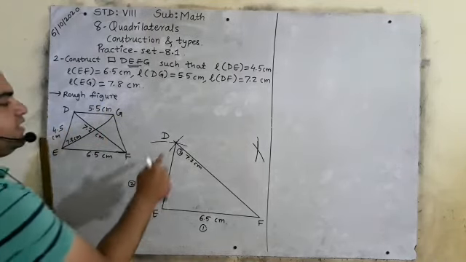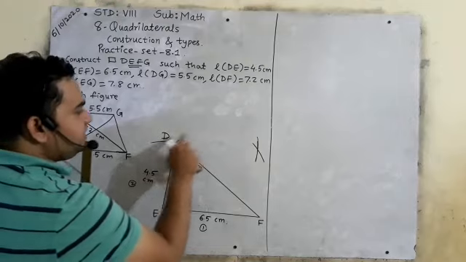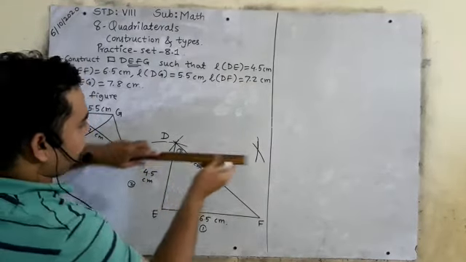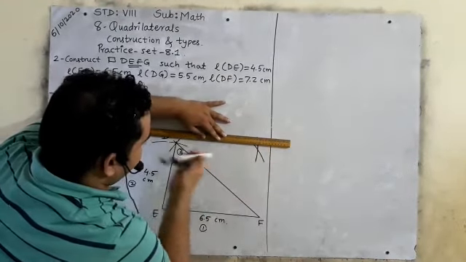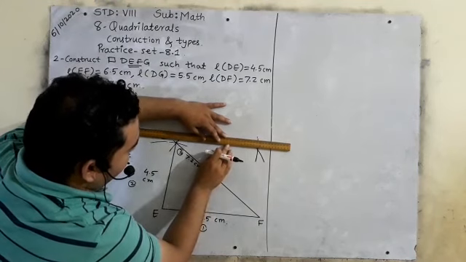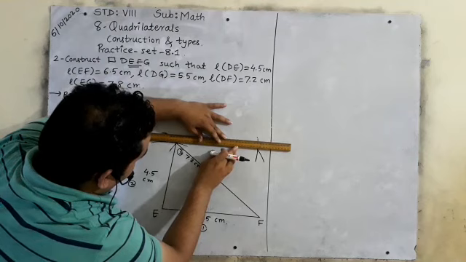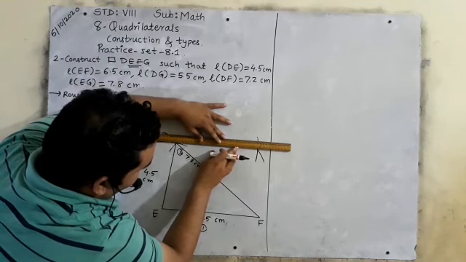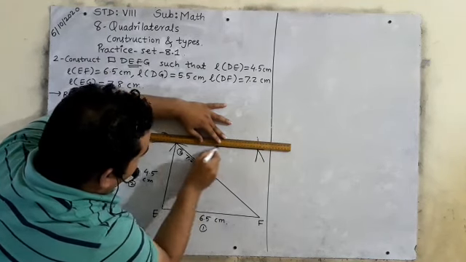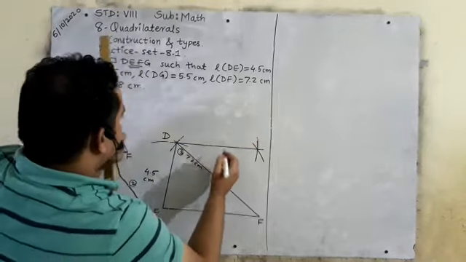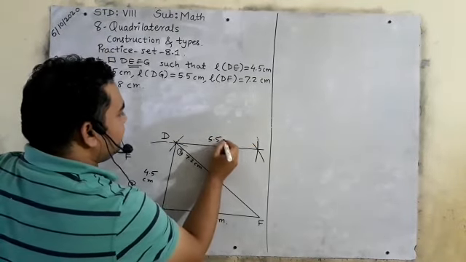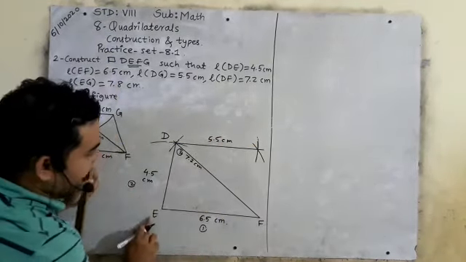Triangle will be there. Then I will draw from D to G, DG 5.5 centimeter, and then I have taken EG.